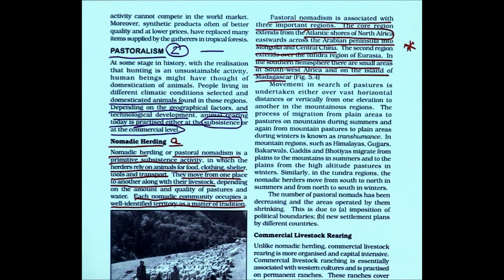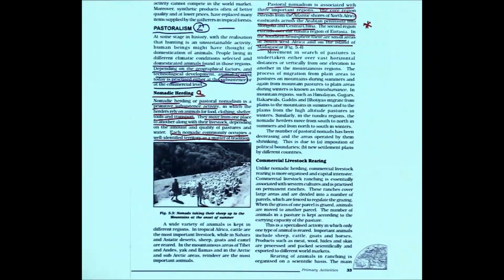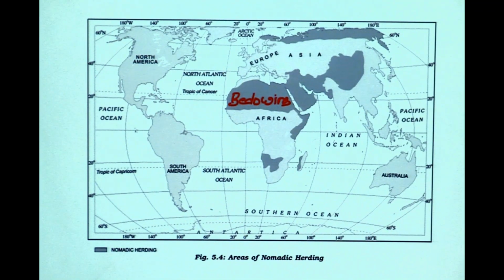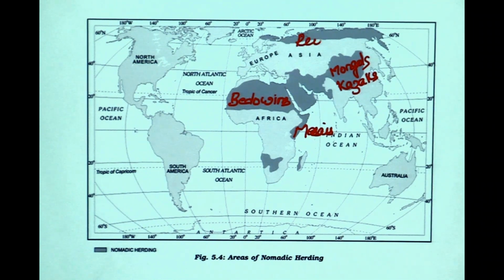If I have to make sense with the areas mentioned in NCERT: Bedouins of Sahara Desert, Maasais of African Savannah, Mongols or Kazakhs of Central Asia, and here we have reindeer herders.